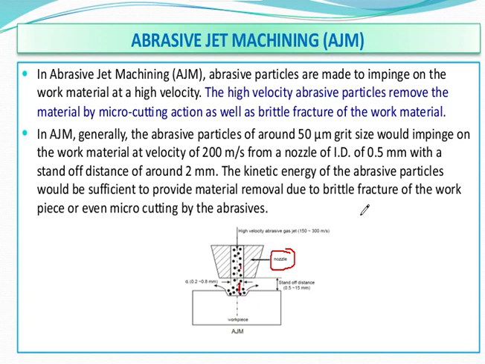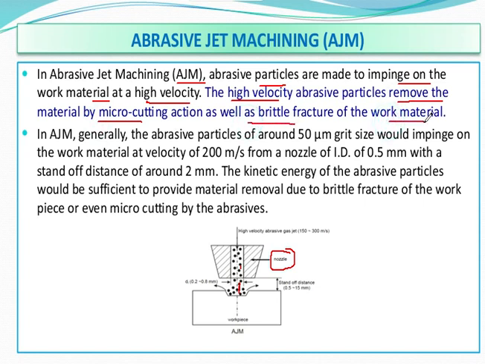So abrasive jet machining, that is AJM, is a process in which abrasive particles are made to impinge on the work material with a high velocity. The high velocity abrasive particles remove the material by micro cutting action as well as brittle fracture of the work material.